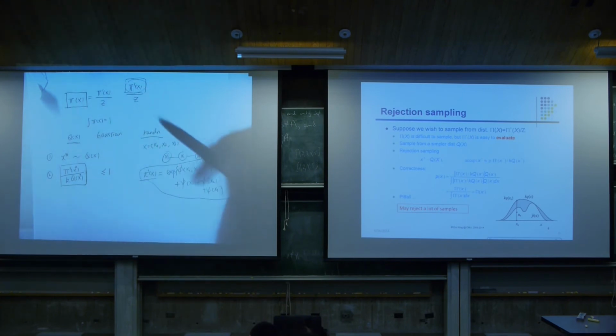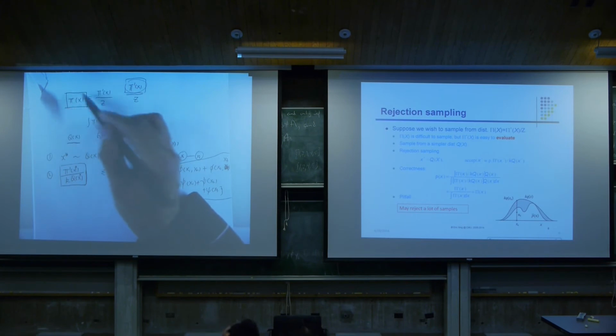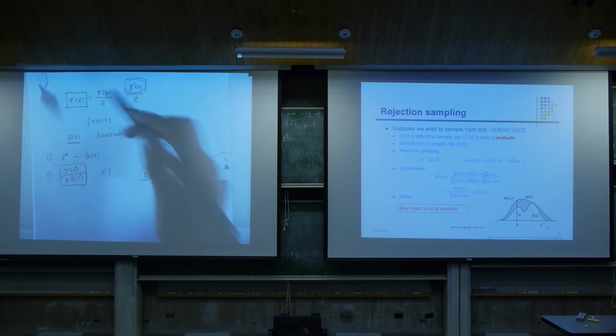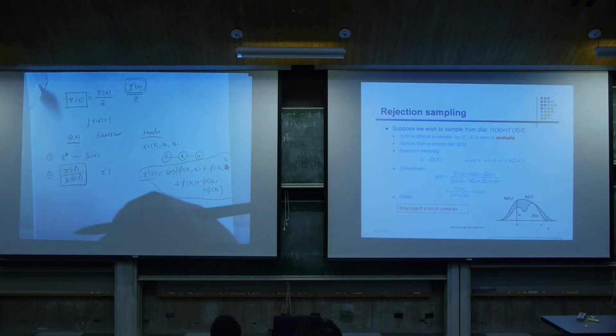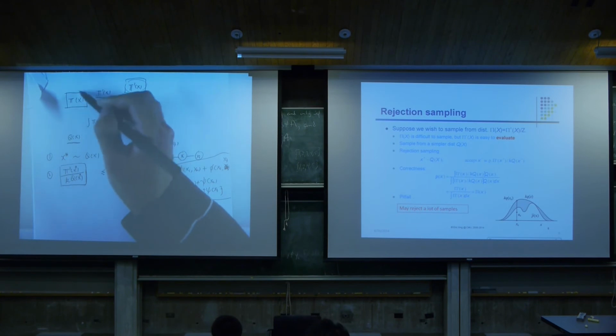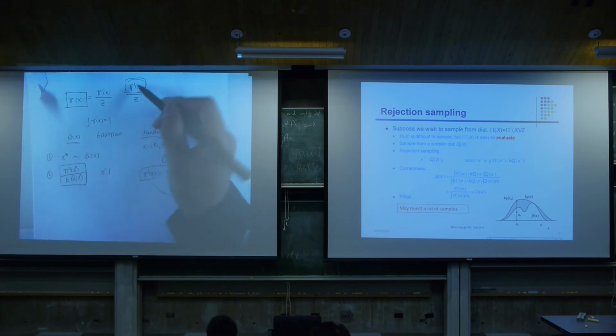And here, what we are doing is how can we draw samples from this distribution. And the strategy is to use another distribution Q(x) to help us draw samples from the target distribution. There is no relationship between Q(x) and π'(x).